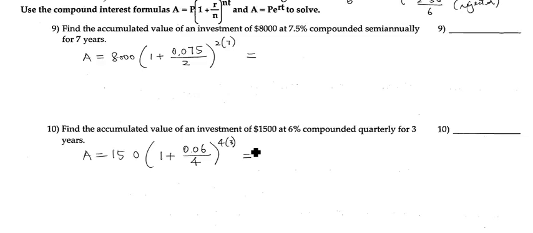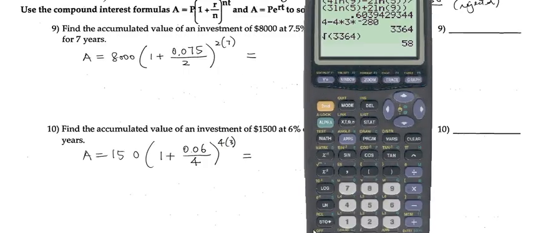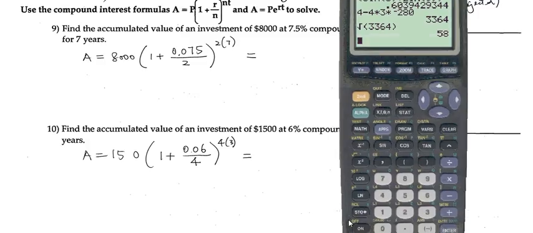All right, let's take a look. Now practice. Many got the wrong answer by pressing the wrong key. 8,000 times, open parenthesis, 1 plus 0.075 divided by 2.